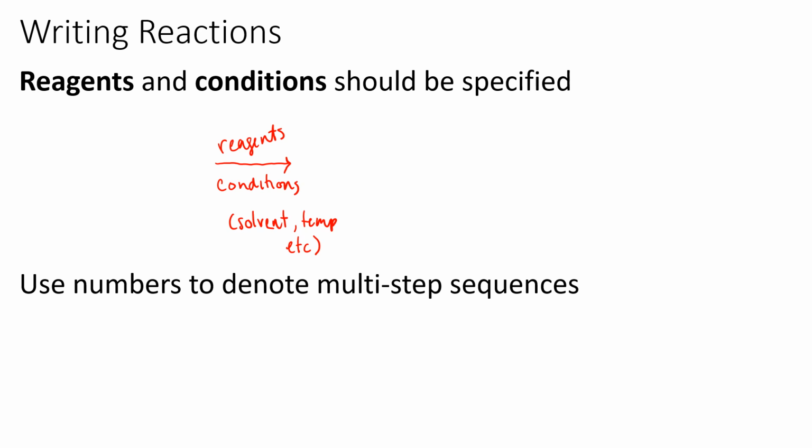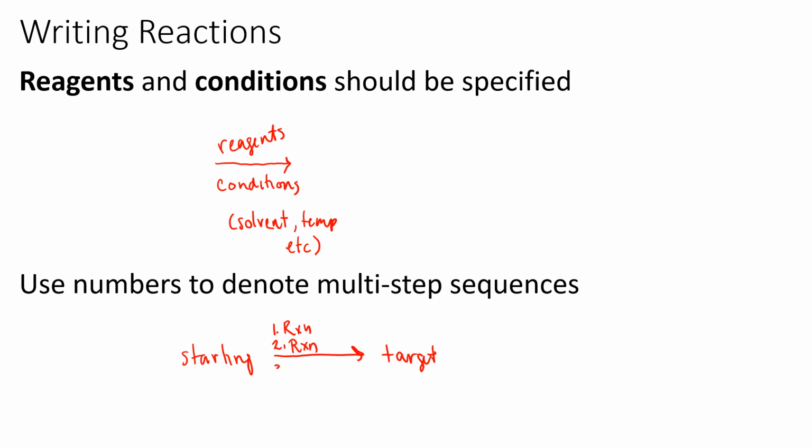We're also going to use numbers to denote multi-step sequences. So maybe we don't want to write out each individual step like I did on the previous slide. If that's the case, we may have our starting material listed, and then we'll have one arrow to get us to our final target, and I may use numbered steps to tell you each reaction that we're going to run.